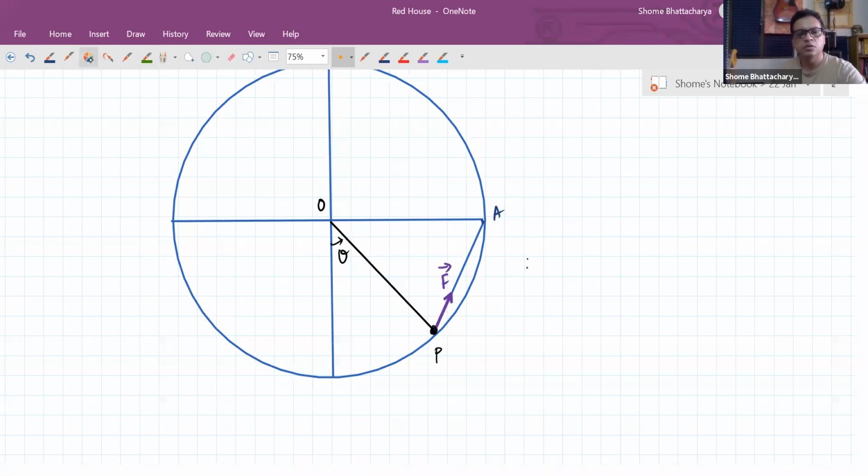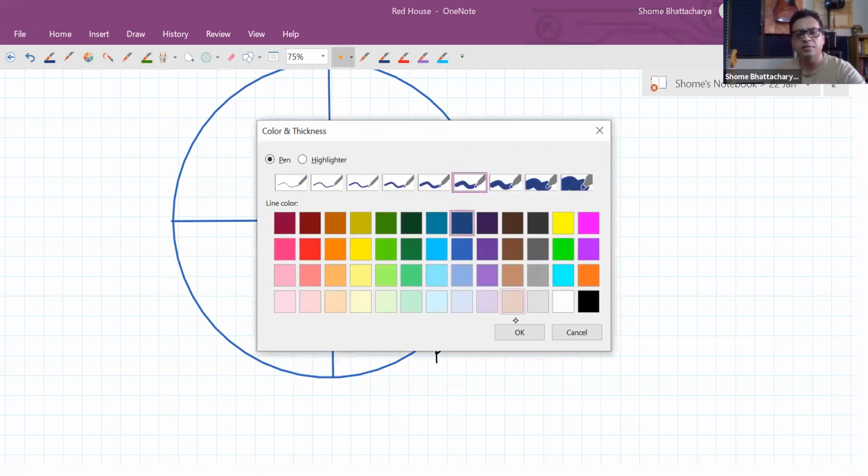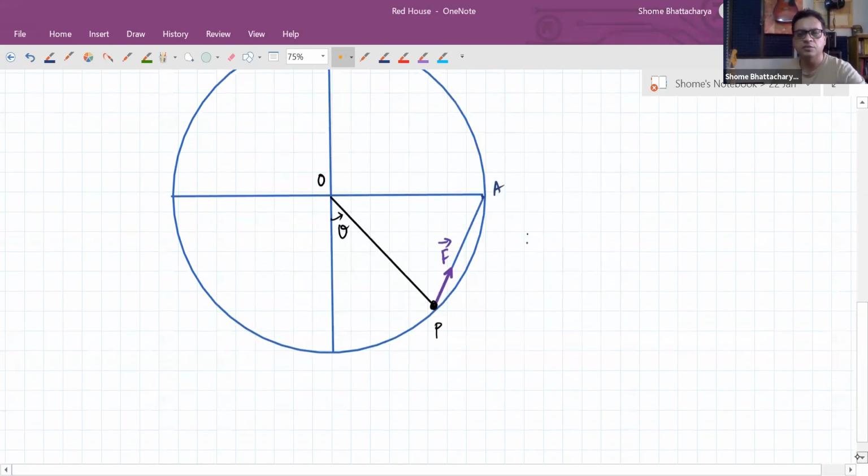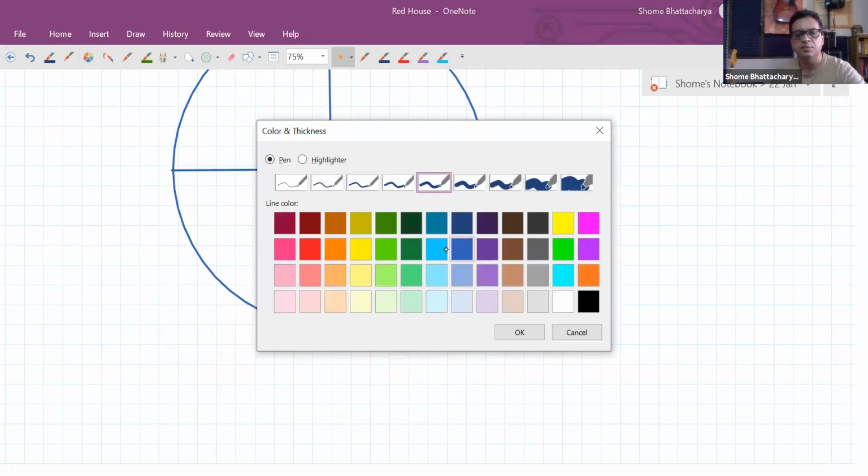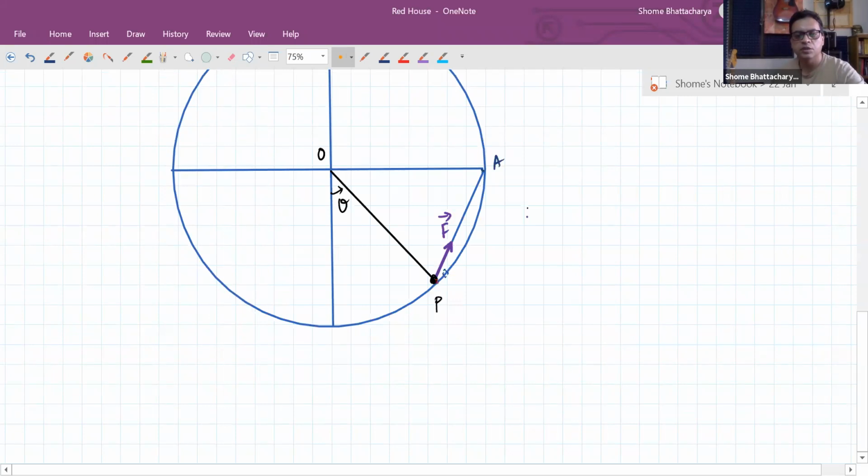Okay. So now we can see that in a small time dt, if the particle makes a small displacement from here to here, from t to t plus dt, you can see that our displacement vector will be like this. So that displacement vector will be along the tangent here.